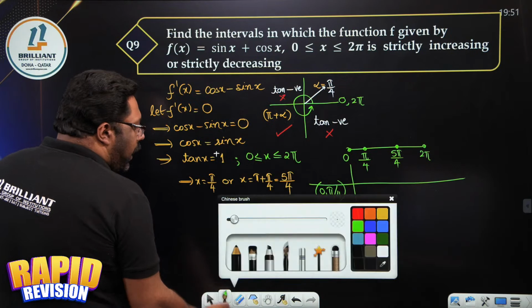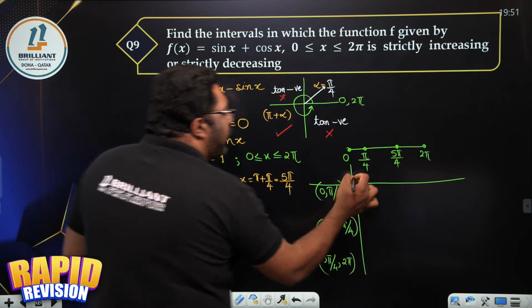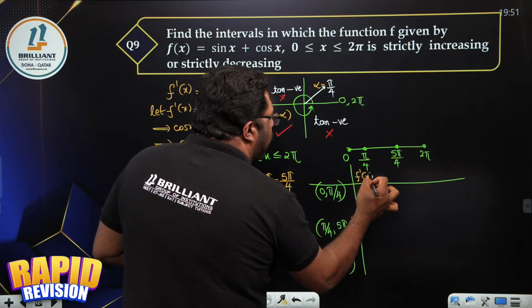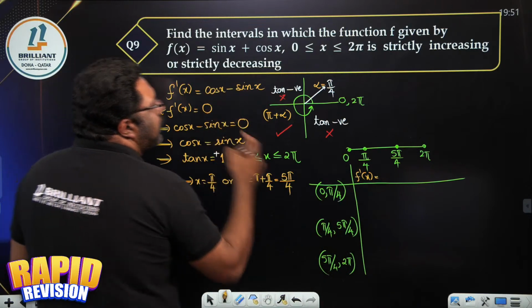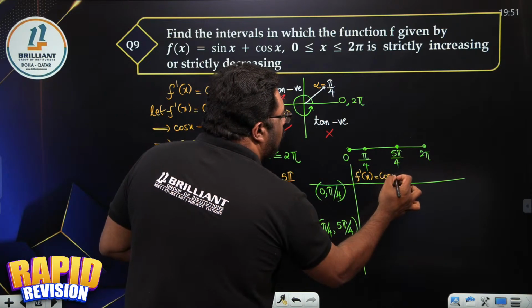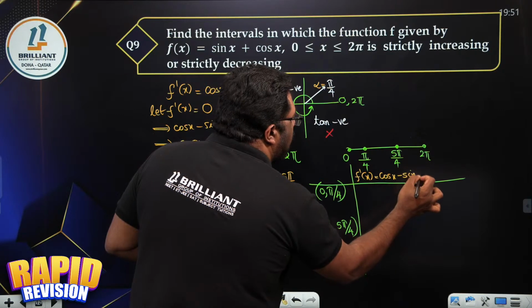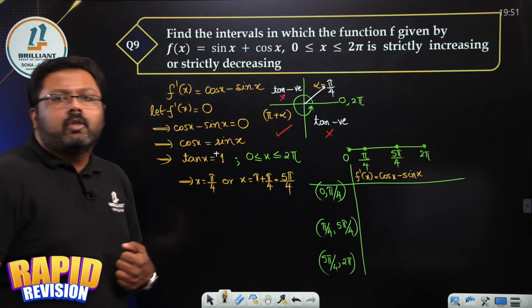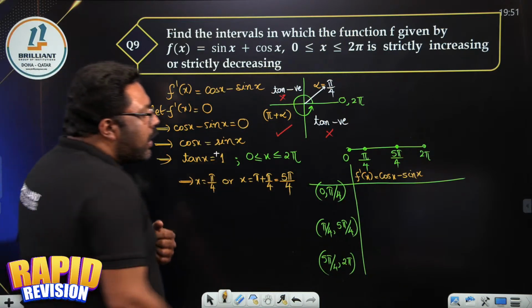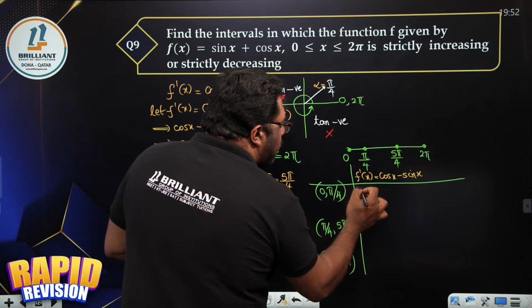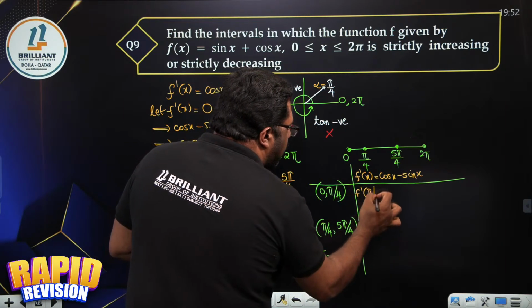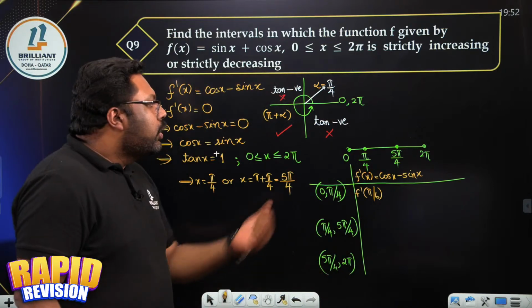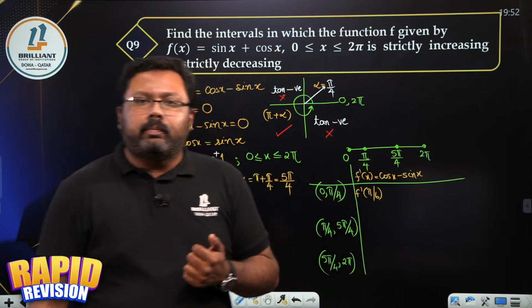Okay, intervals ready? Write your first derivative. F dash of x is cos x minus sin x. You just take any value from this. 30 degrees. Cos 30 minus sin 30.